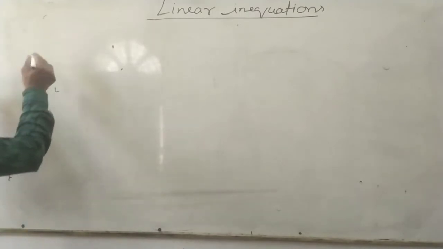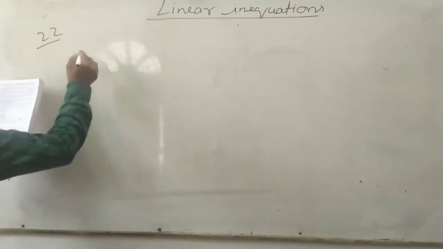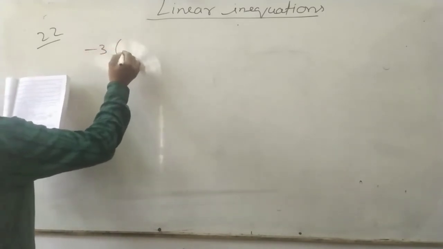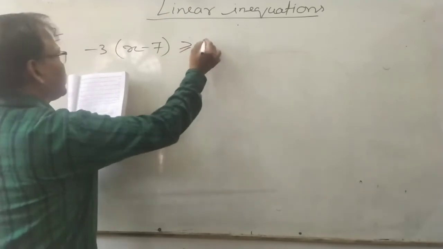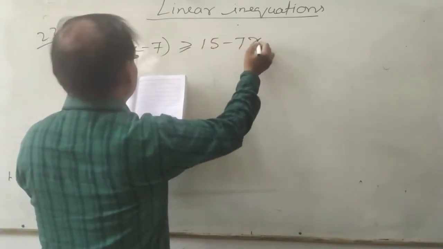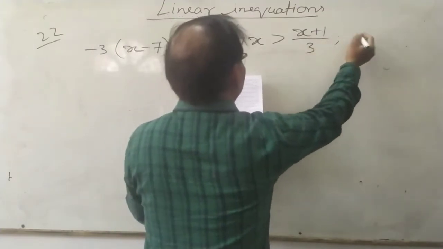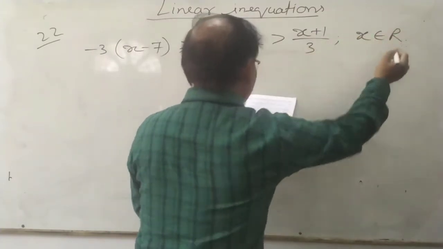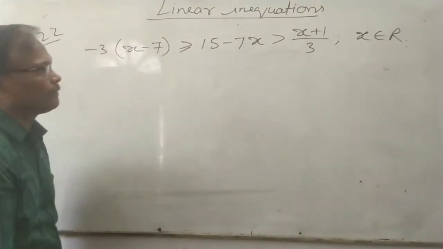तो just I'm taking the one question, that is 22 minus 3 x minus 7 greater than 15 minus 7x x plus 1 by 3. X belongs to real number and the solution represent on the number diagrams.